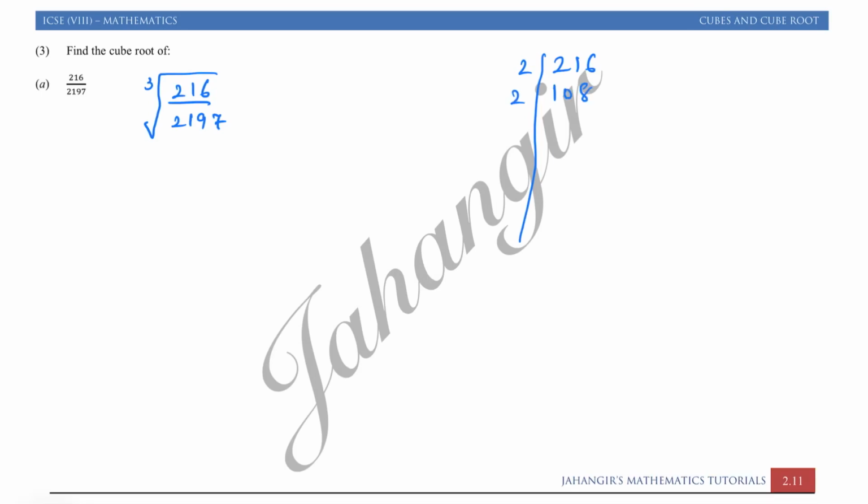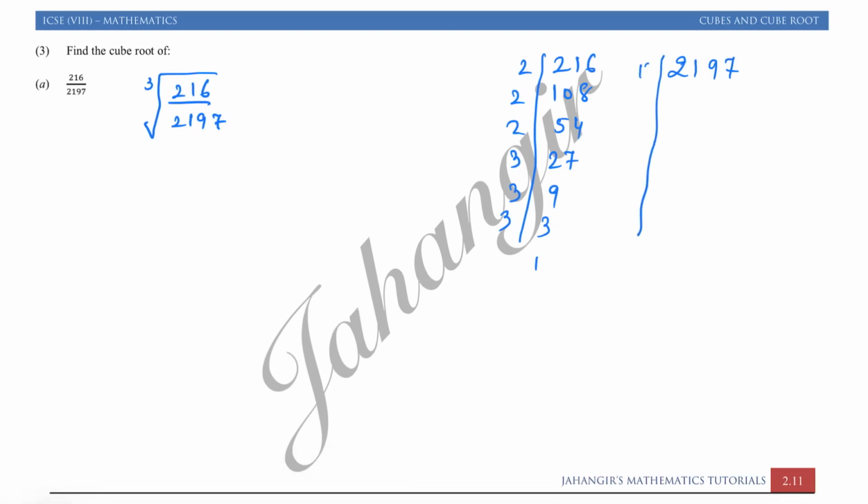216: 108, 2 into 54, 2 into 27, 3 9s are 27, 3 3s are 9, 3 1s are 3. Now 2197: 2 we cannot do, we will start with 3, 3 also we cannot do. So I need to think that this is the cube of 13.